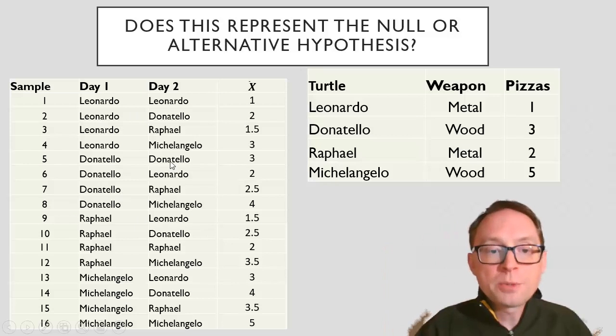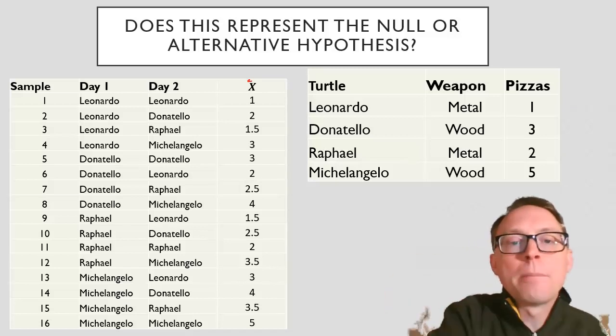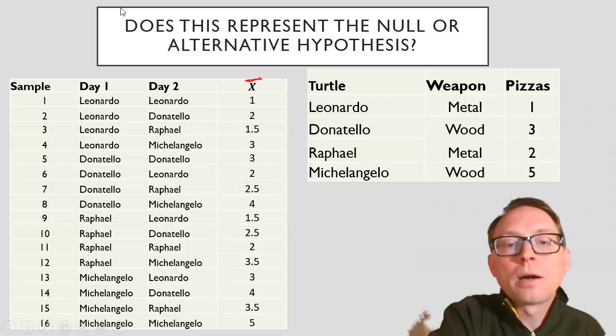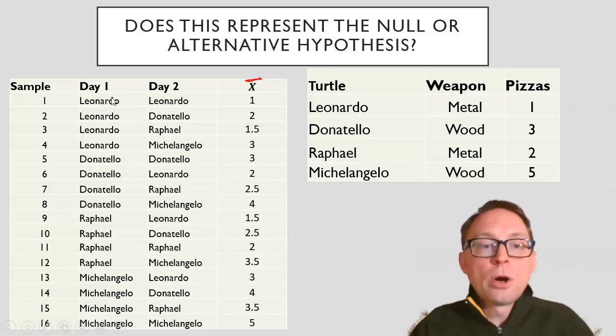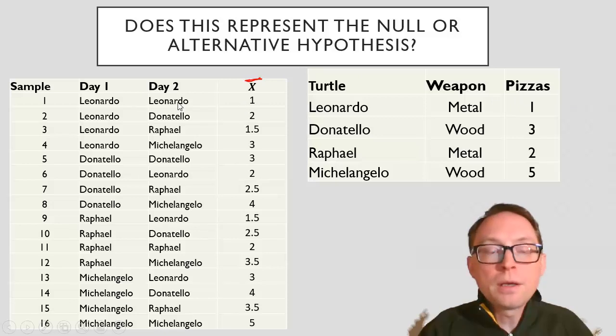This is the same as what you saw before, but instead of looking at the result of metal weapons versus wooden weapons, we now have the mean. You can't see that bar on top of the X very well, but that is an x bar. So if on day 1 I choose Leonardo, and Leonardo eats 1 pizza every day, and on day 2 I choose Leonardo again, then the mean of 1 plus 1 is 2, divided by 2 days, is 1.